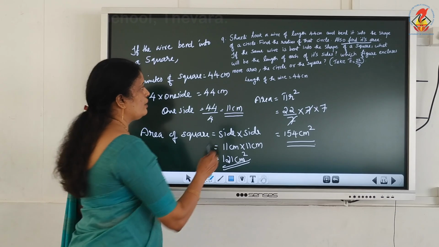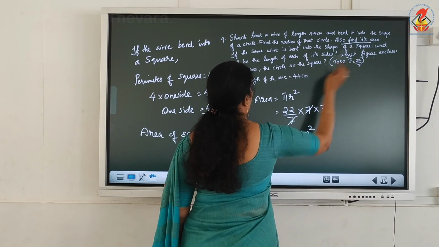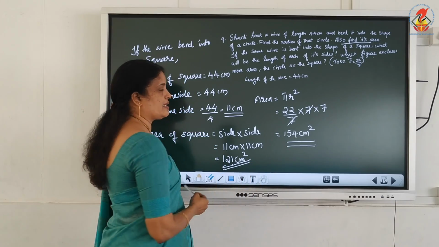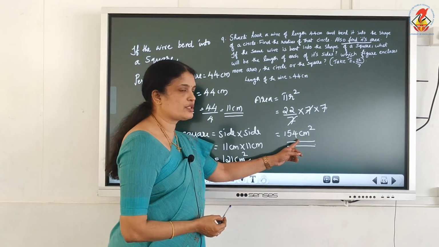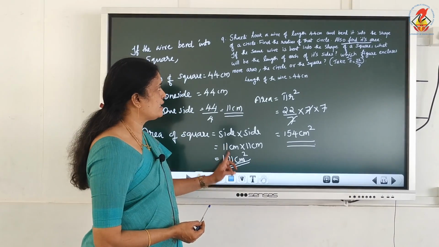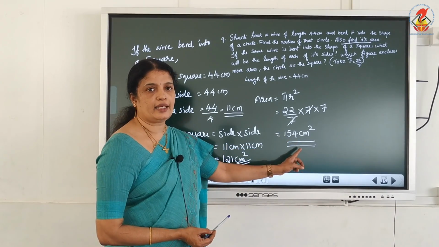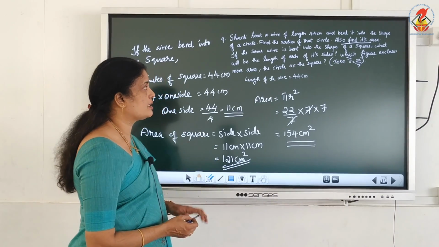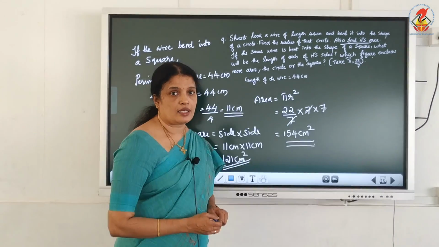Okay. Here the question, which figure encloses more area? 154 centimeter square or 121 centimeter square? 154 centimeter square is greater than 121 centimeter square. Definitely the circle encloses more area. Okay? Clear? The circle's area encloses more.